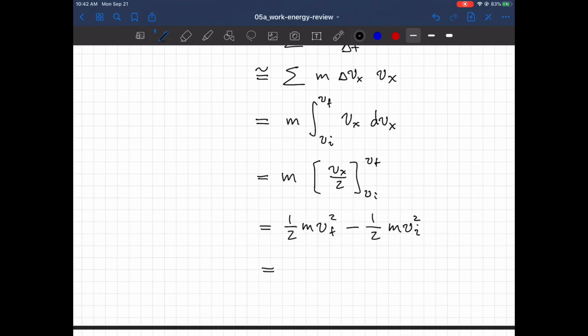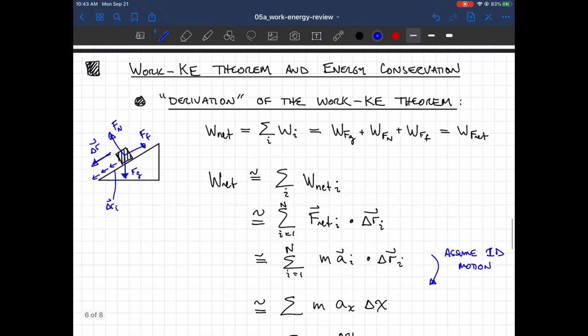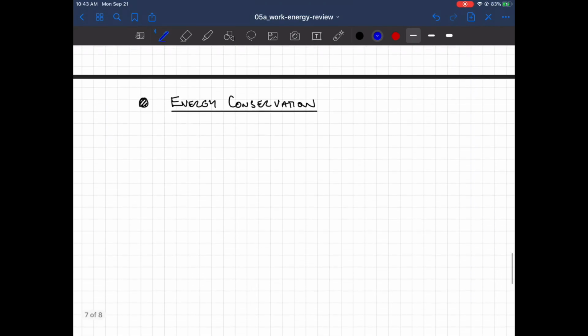That thing is what we call kinetic final minus kinetic initial, or delta K. So we find that the net work, the work done by the net force in some system over some path, is equal to the change in what's called the kinetic energy. But of course this is really just the definition of kinetic energy. That's where kinetic energy comes from. It comes out of Newton's second law as applied to work. So that's the work-kinetic energy theorem.